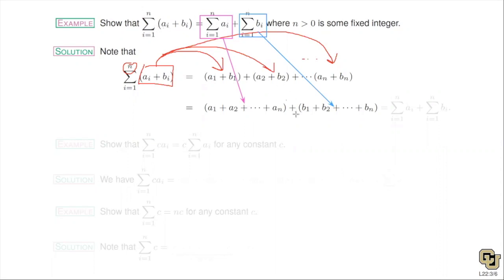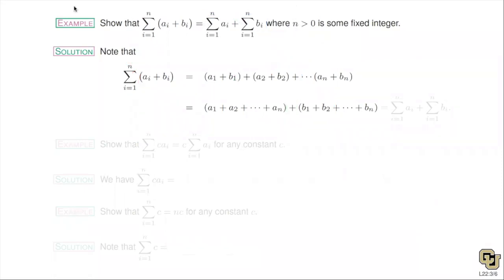Of course, the left-hand side and the right-hand side are equal, but I want you to compare the notational difference. So here, this matches up with this. And this sum here matches up with this. As opposed to how this is working.